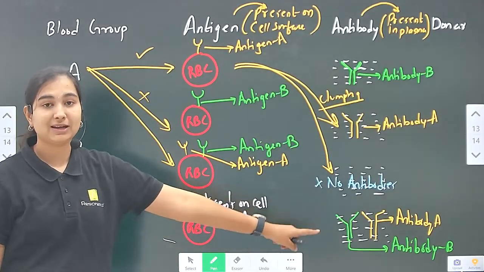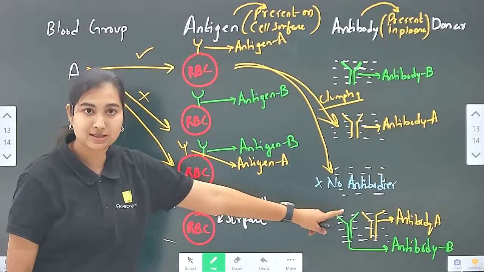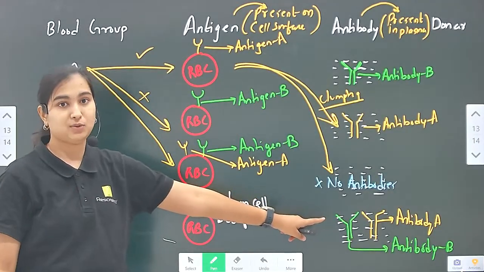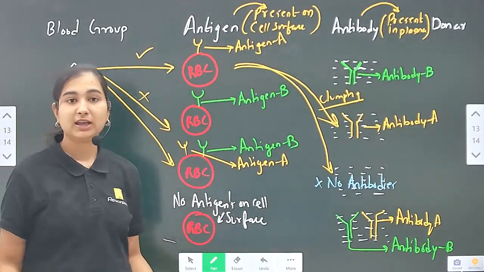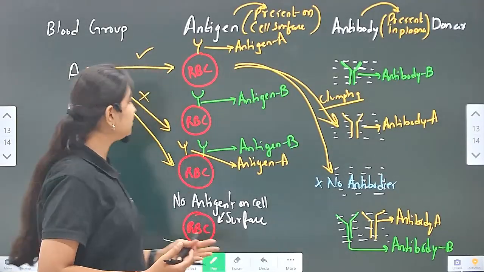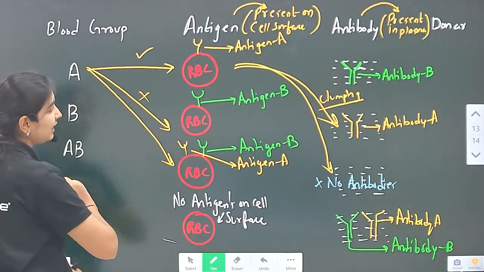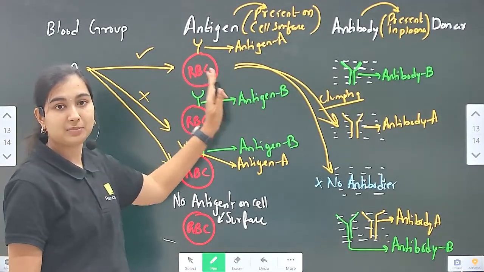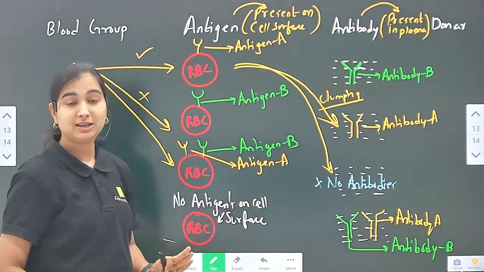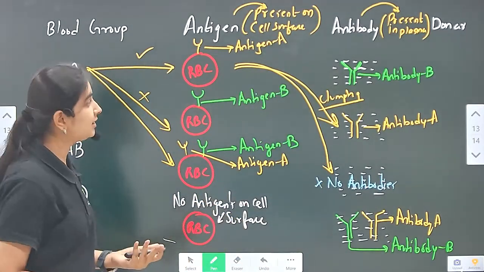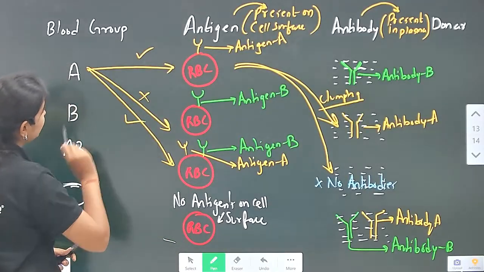Do they have any antibodies in the plasma? No antibodies in the plasma. So if there is no antibody, there is nothing to react with the antigen, so there will be no reaction. In this case, the A blood group can donate the blood to the AB without any clumping. So here there is compatibility. So yes, this is possible.